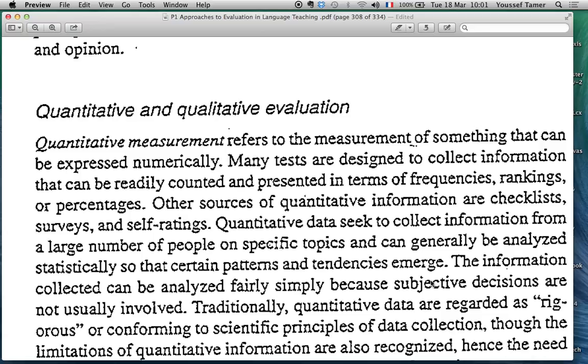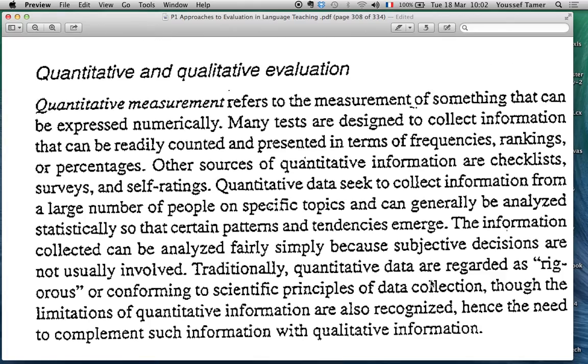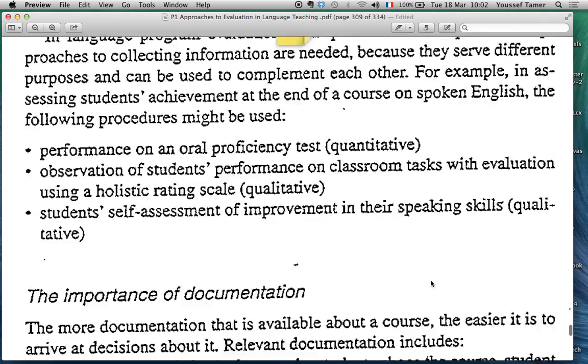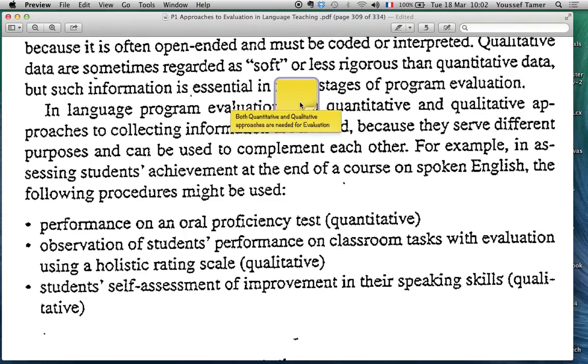Yes, you can use quantitative research for interpretation, but qualitative research is for reasons, arguments, opinions. Both quantitative and qualitative approaches are needed for evaluation, okay?